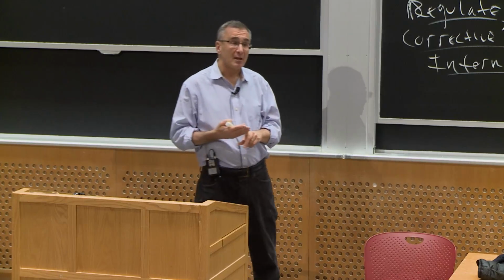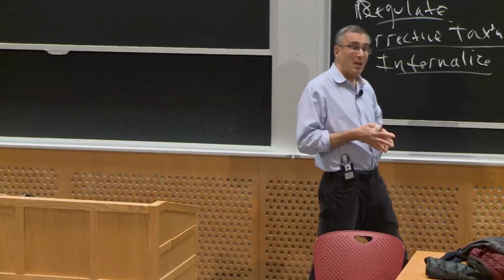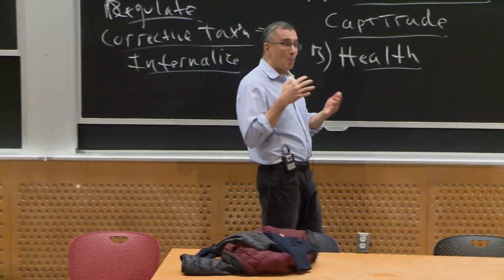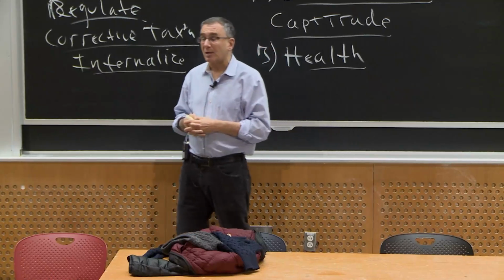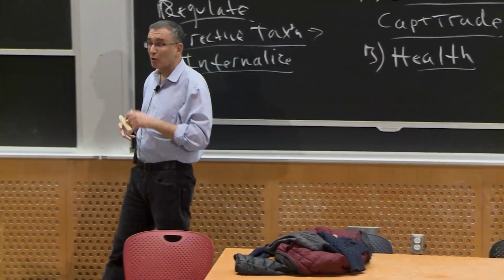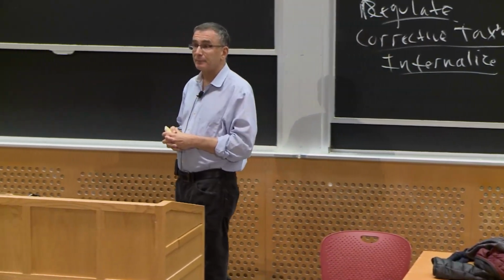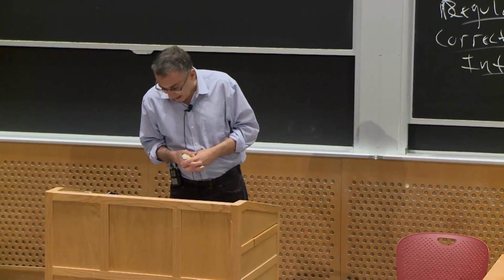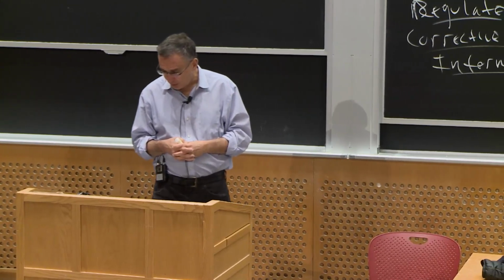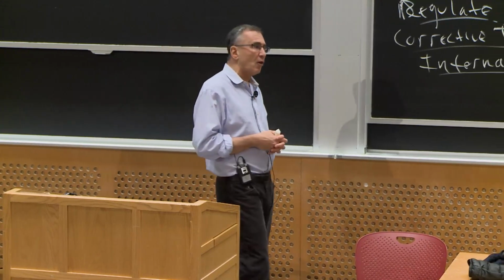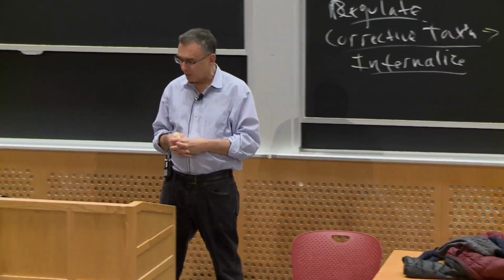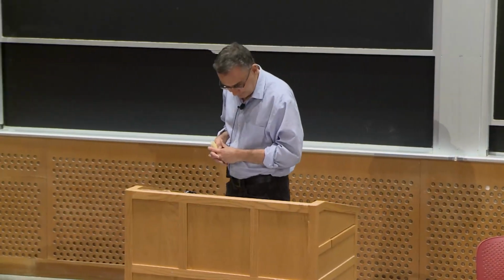Classic externality. When I decide to get behind the wheel, I'm weighing the benefits and costs of driving drunk. I'm not accounting for the fact that I might ruin your life or your family's life. Okay? We have gasoline, we talked about that, and other drugs. Indeed, drug overdose deaths are now the largest cause of accidental death in the US, about 100,000 people a year.